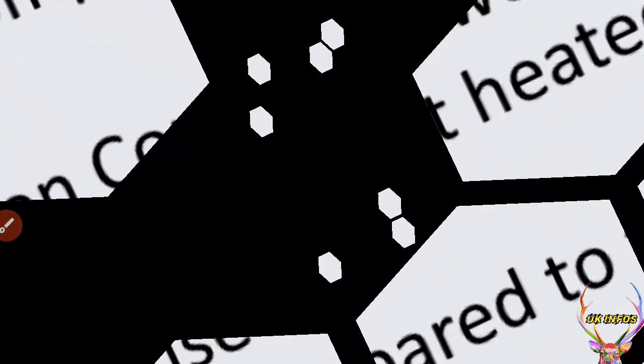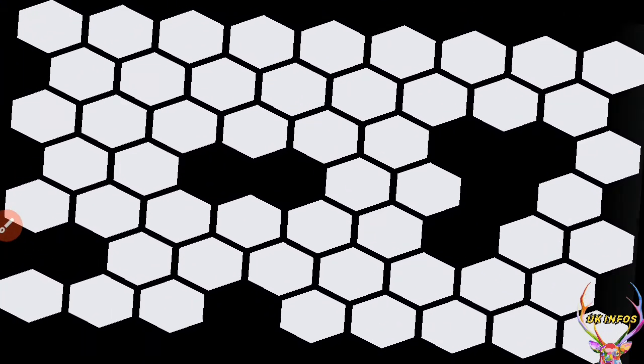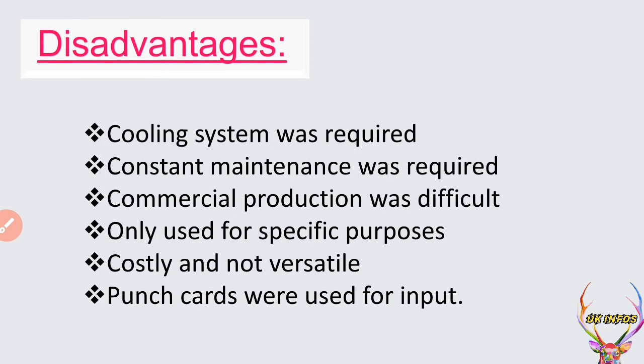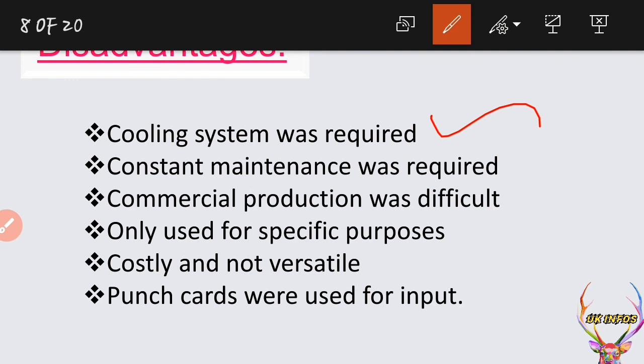Next, the disadvantages of the second generation. A cooling system was required. Like the first generation, the second generation also needed an AC room. Constant maintenance was required, same as the first generation. Commercial production was difficult, and they were only used for specific purposes.